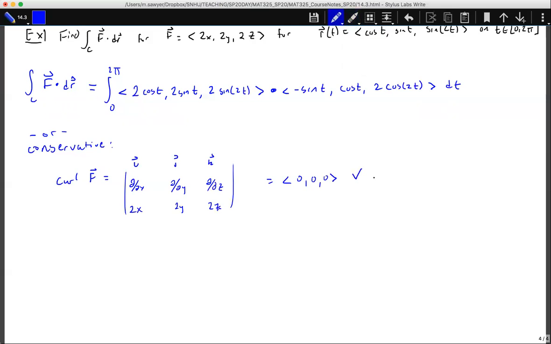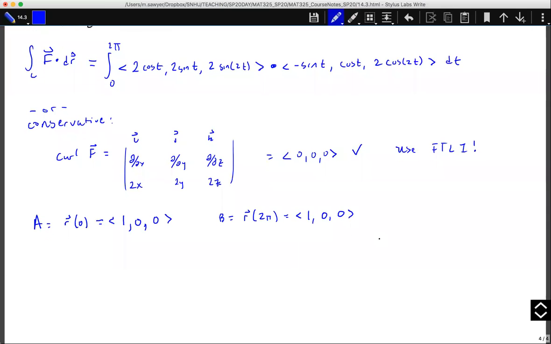So this is a conservative vector field, so we can use the fundamental theorem of line integrals. Our point A is equal to the curve evaluated at time equals 0, which is cosine of 0 is 1, sine of 0 is 0, sine of 2 times 0 is 0. And B is the curve evaluated at 2 pi, where cosine of 2 pi is 1, sine of 2 pi is 0, and sine of 4 pi is also 0.